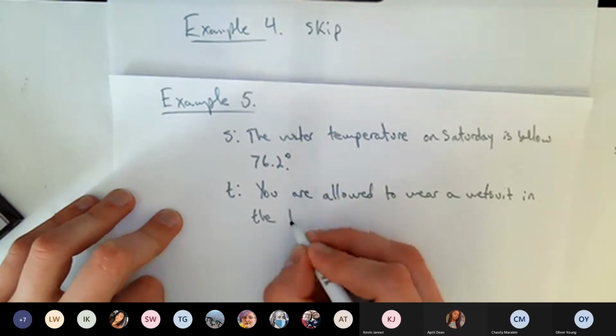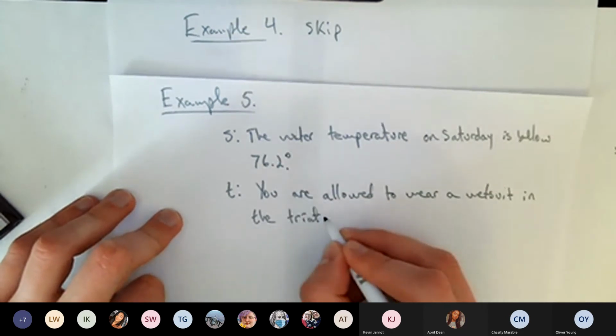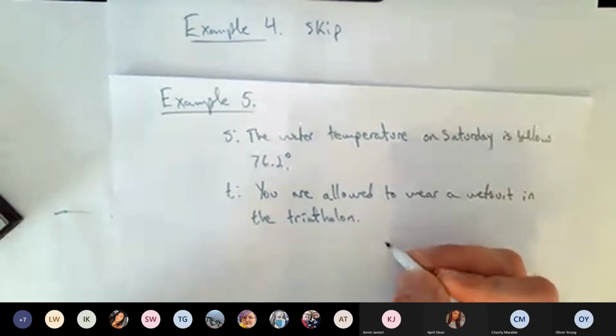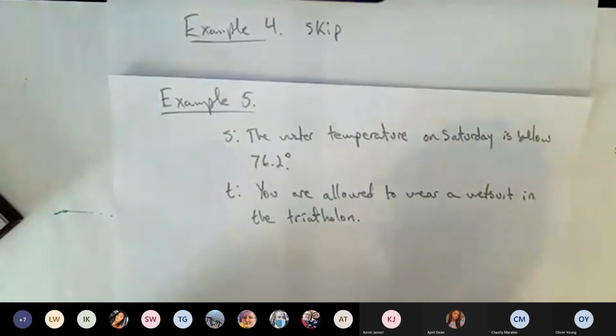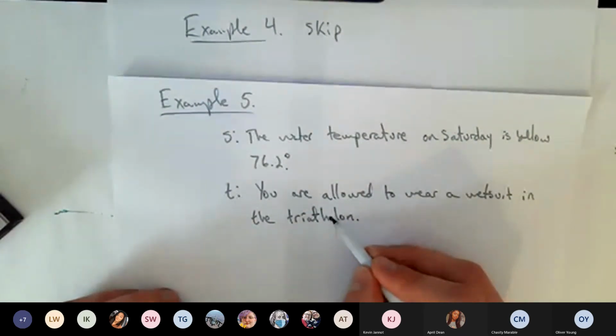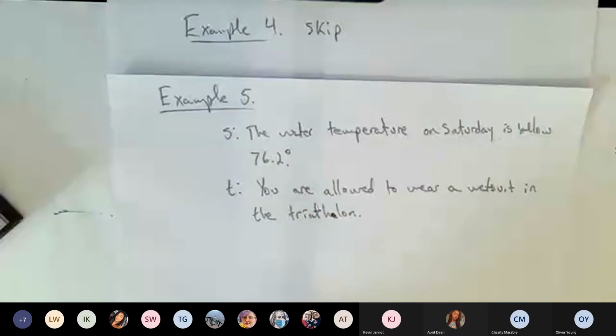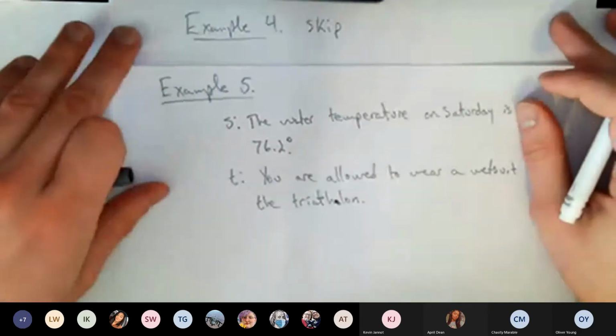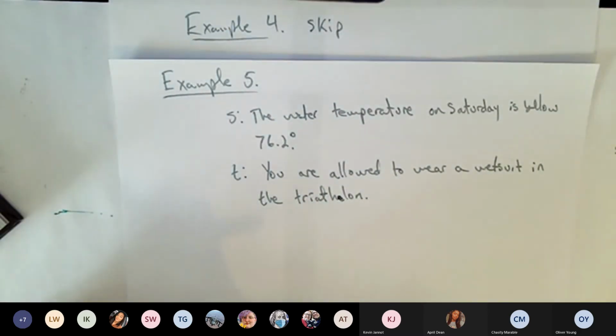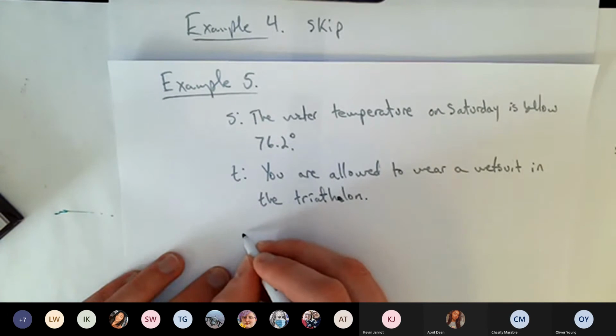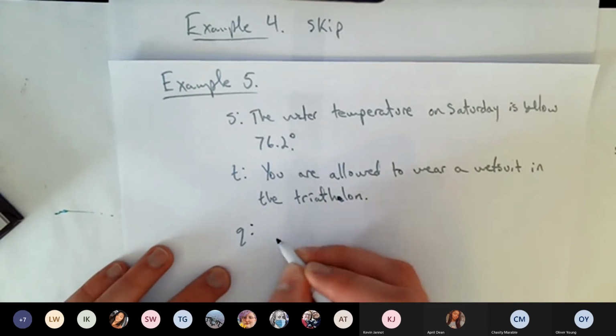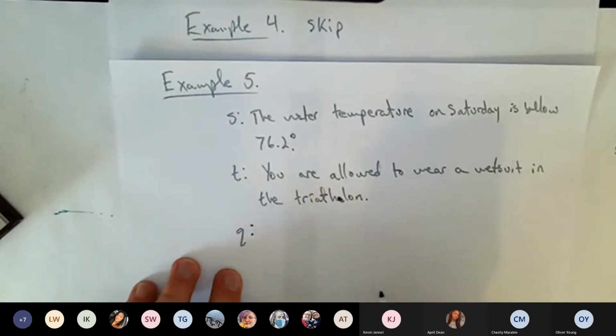What is it in the triathlon? Oh, I spelled it wrong. There's not a first O. Triathlon. You are allowed to wear a wetsuit in the triathlon. And the statement Q is a compound statement.